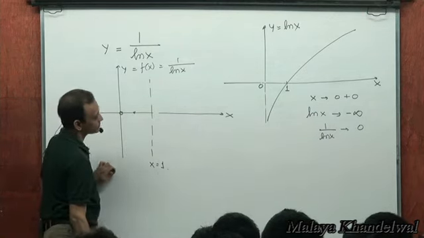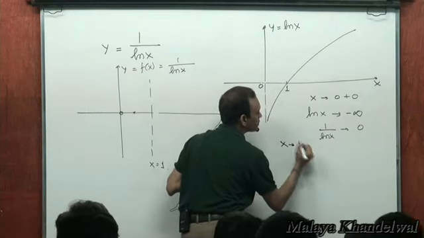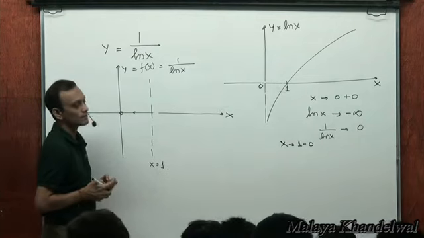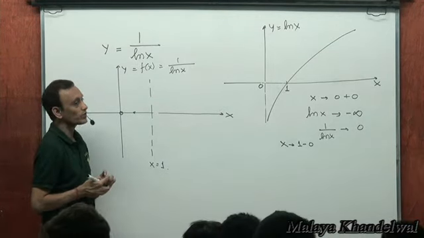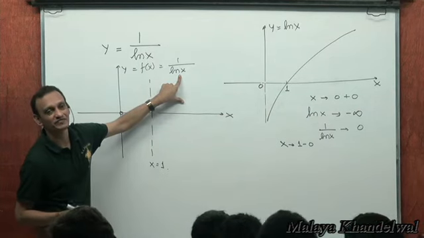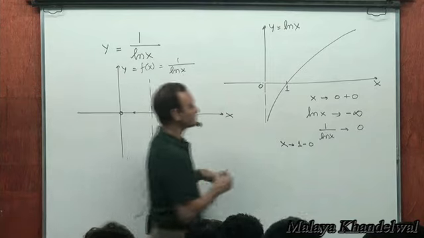Not only that, as x tends to 1 from the less than 1 side, 1 by ln x would tend to minus infinity, isn't it?